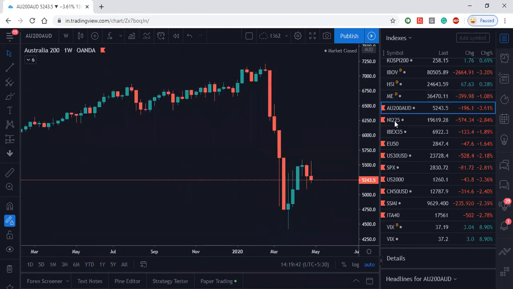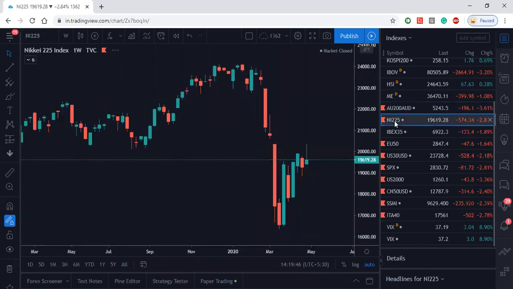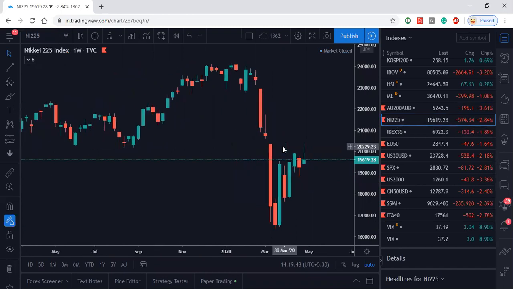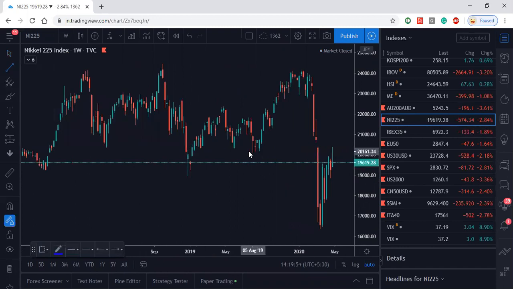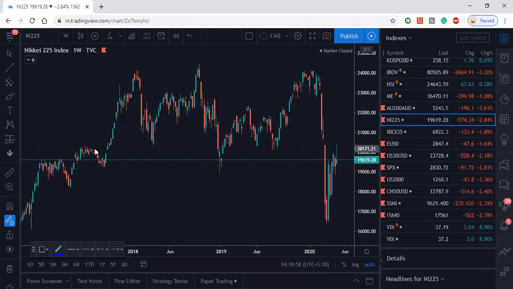All right. Let's move on to Nikkei. What you see here is a very strong rejection candle again. We can say clearly that this is a good support, right? In fact, you can connect it from here. So it's a good resistance, not a support.